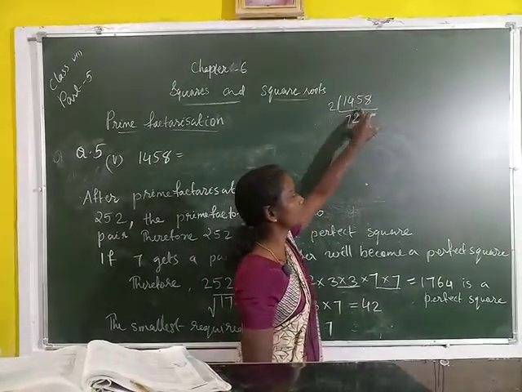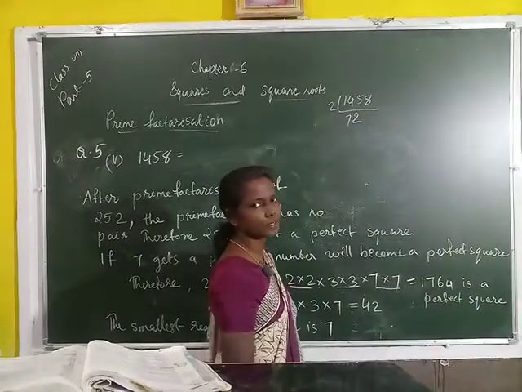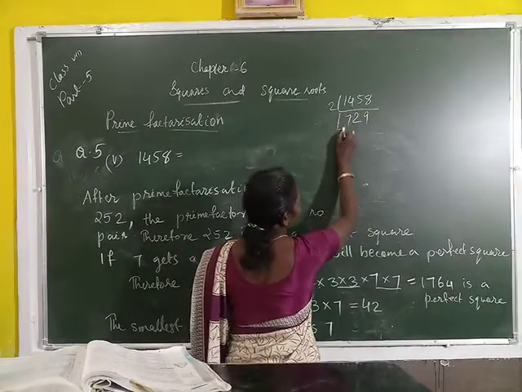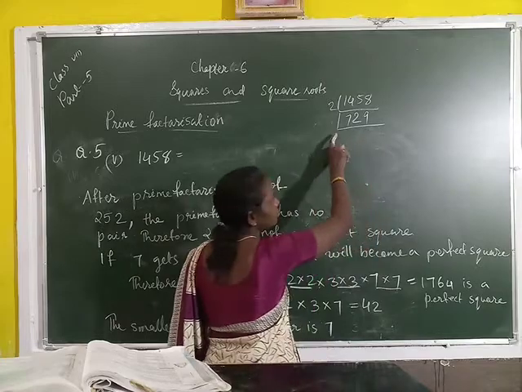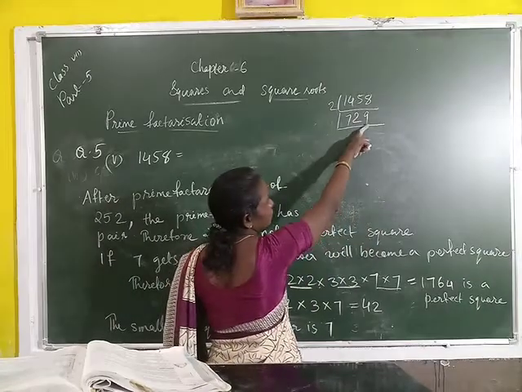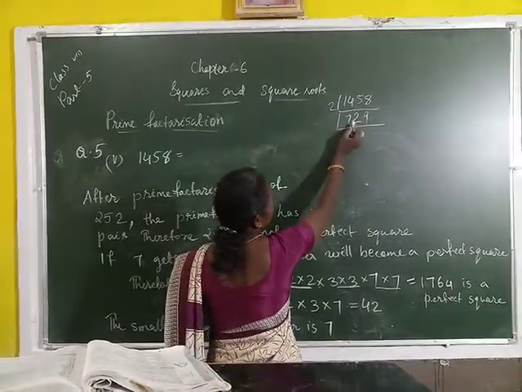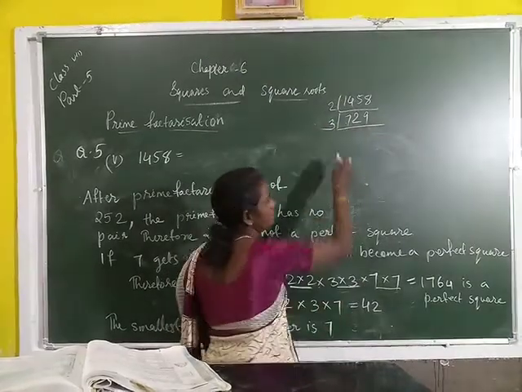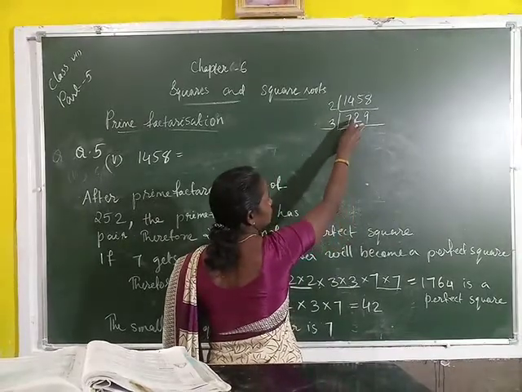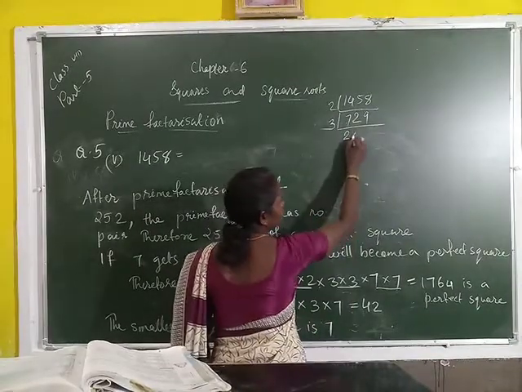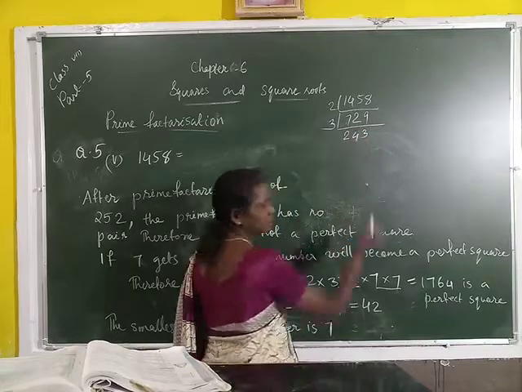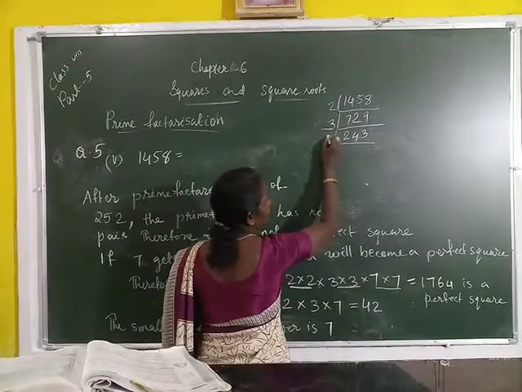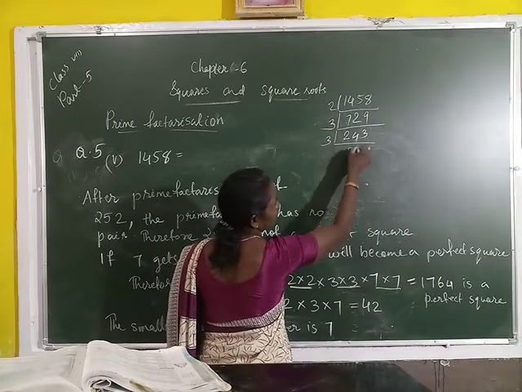Then 5 minus 4, 1. 1 and 8, 18. In 18, how many times? 9 times. Is this number divided by 2? No, this number is not divided. 3. In 9, how many times? 3 times. Then look, 3. This number is again divided by 3, 81.